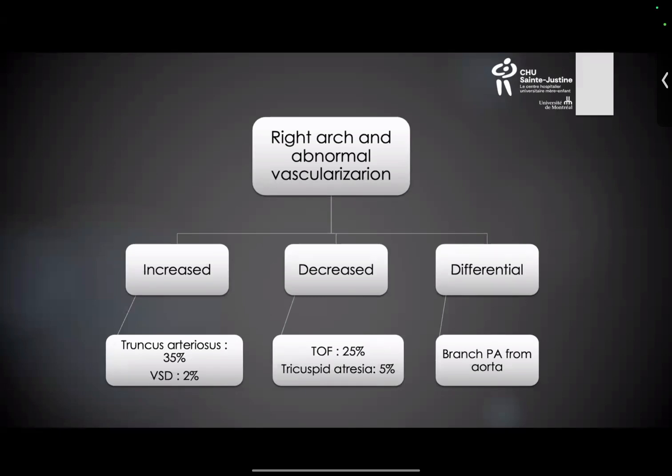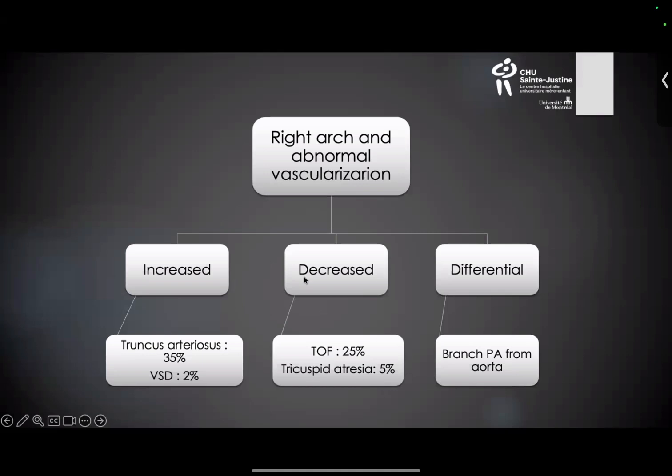If you have a right aortic arch with an abnormal vascularization, and it's an increased vascularization, like I told you before, the most common is the truncus arteriosus, because 35% of truncus arteriosus have a right arch, and some VSDs. If you have a decreased vascularization, you can think of a tetralogy of Fallot.